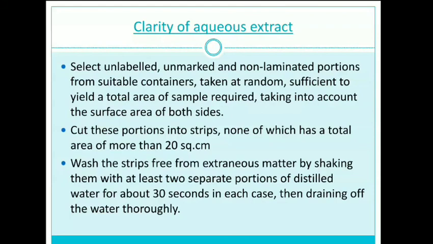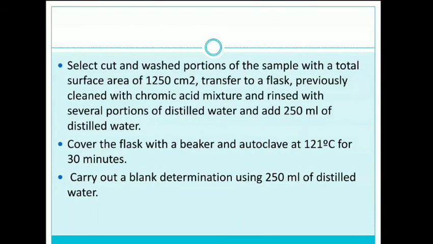After cutting the portions into strips, wash the strips free from extraneous matter by shaking them with at least two separate portions of distilled water for about 30 seconds and then draining off the water thoroughly. After washing, cut and wash portions of the samples with a total surface area of 1250 square centimeters.